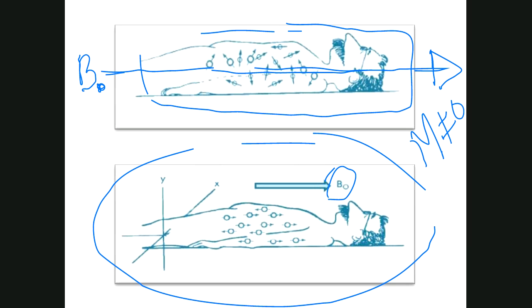Remember, I said I don't like saying positive direction. It's just pointing along the field. Whenever we say that the net magnetization is pointing along the field, it's not equal to 0, it's pointing along the magnetic field. Okay, next.